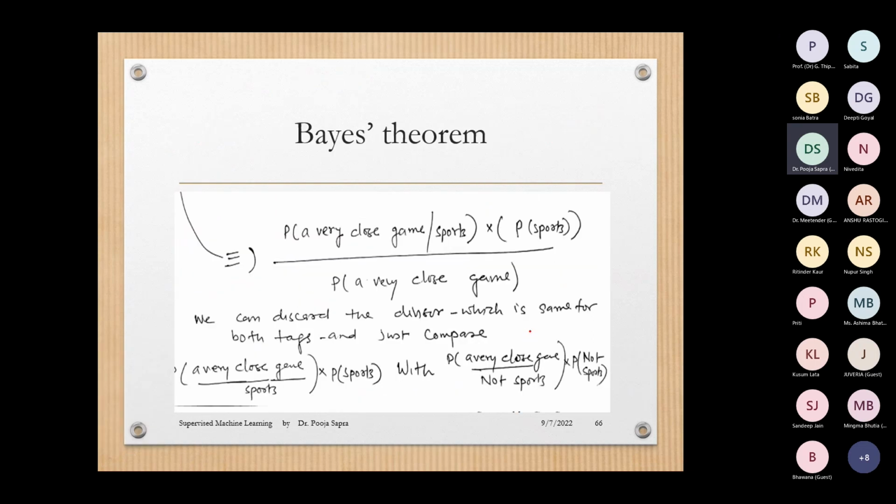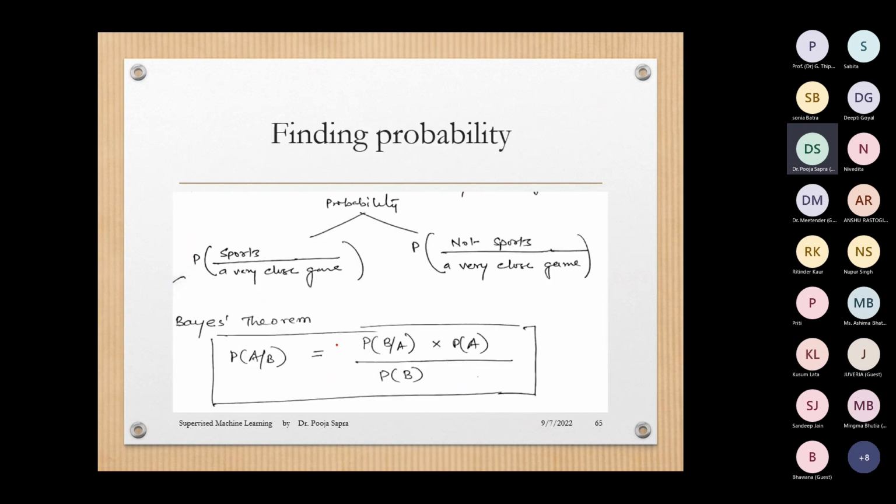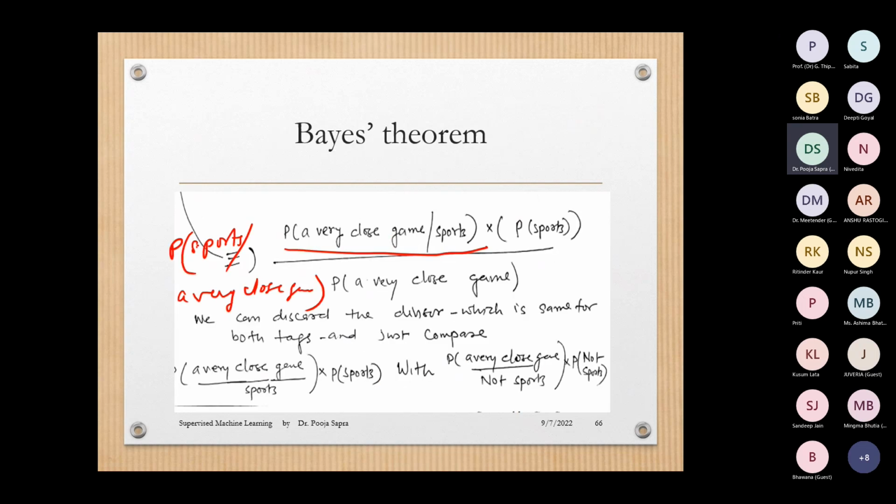I started finding out the probability, and it says P of it being from sports, given the sentence a very close game, is like this. Bayes theorem says P A by B is equal to P B by A multiplied by probability of A divided by probability of B. So P A by B is equal to P B by A multiplied by probability of sports and divided by a very close game, right?